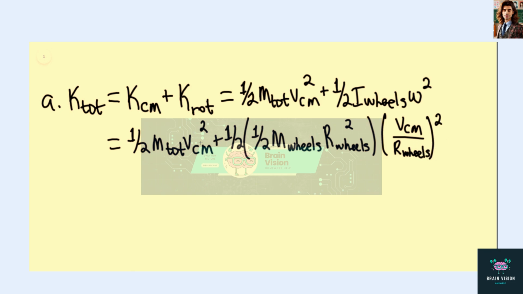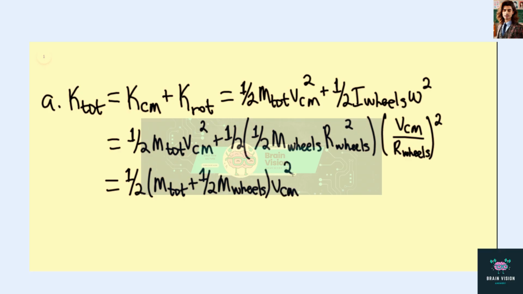And so this is simply going to be equal to 1/2 times the total mass plus 1/2 times the mass of the wheels multiplied by the velocity of the center of mass squared, and we can then solve.